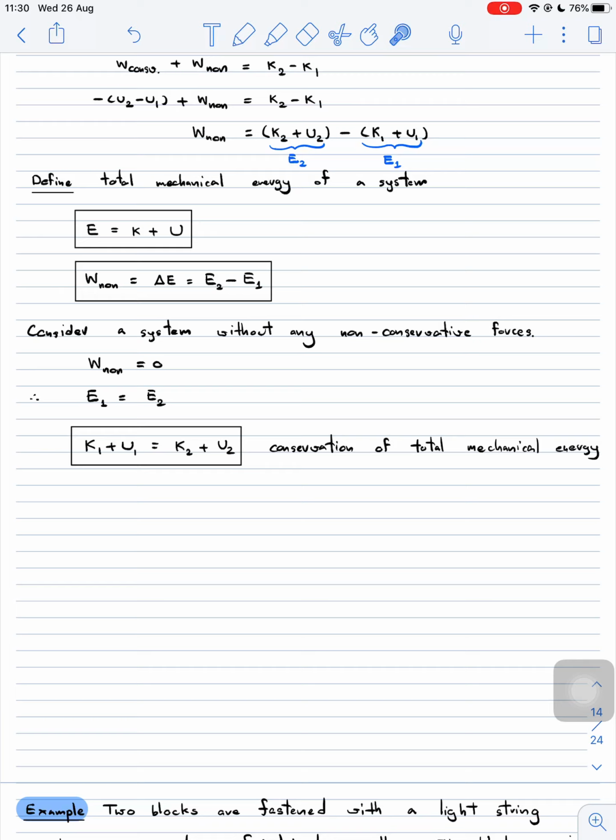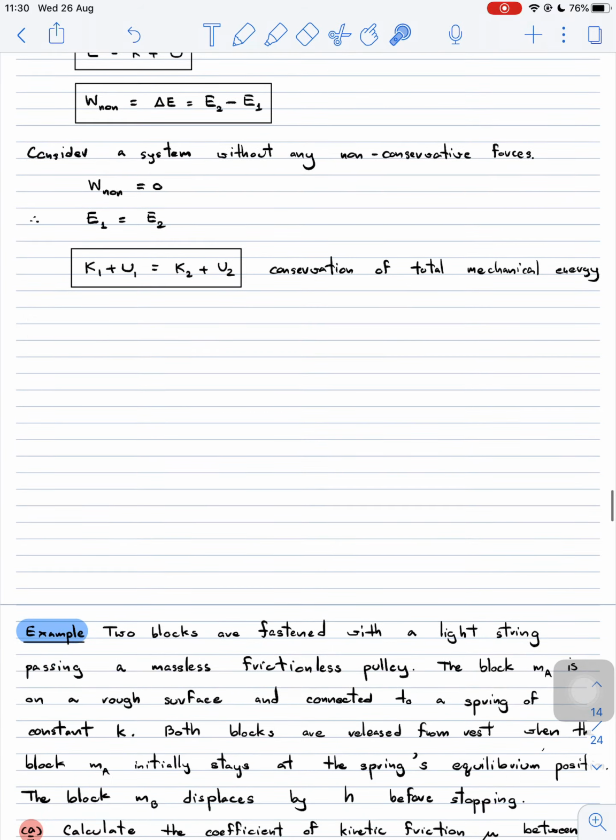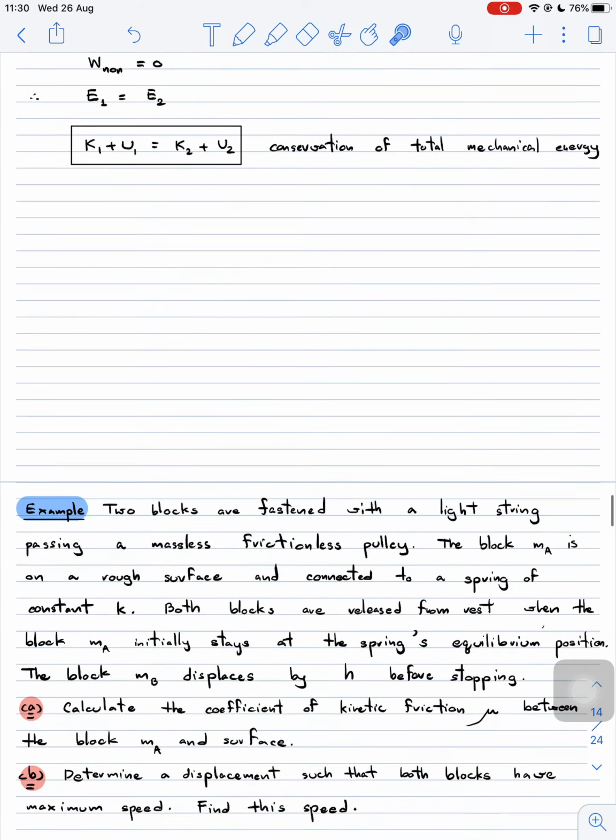So in this equation, it means that the kinetic energy of the system can be transferred to potential energy, or the potential energy can be transferred to kinetic energy as well. So that's the meaning of this equation.